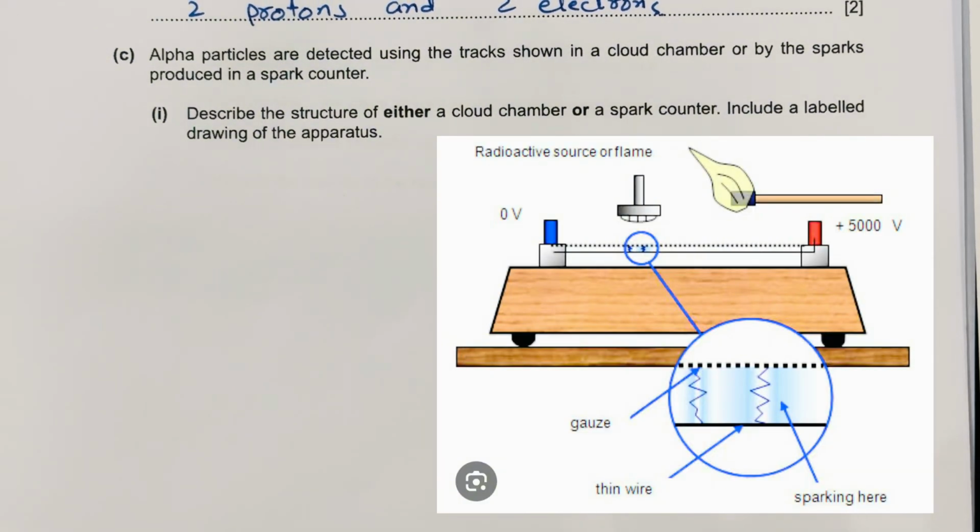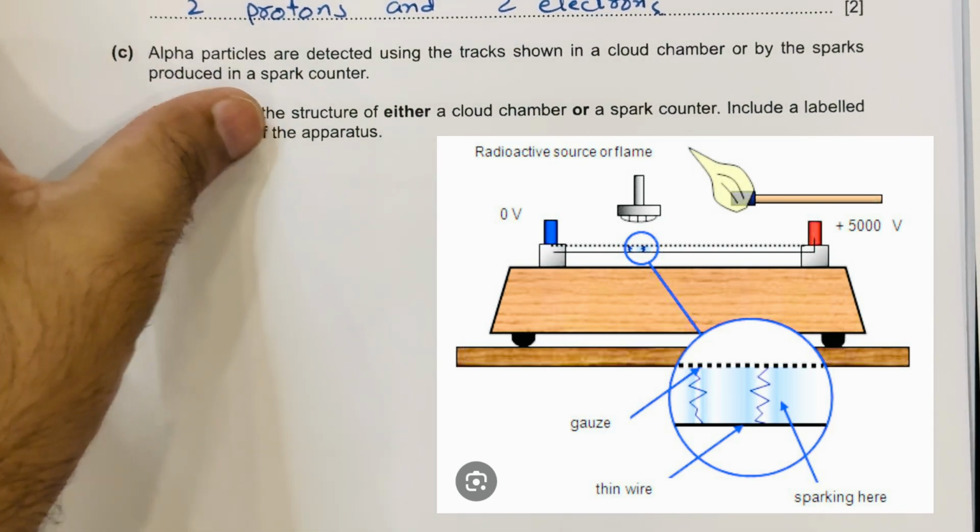Alpha particles are detected using the tracks shown in the cloud chamber or by the spark produced in a spark counter. Describe the structure of either a cloud chamber or a spark counter. Include a labelled drawing of this apparatus. You need to just lay out the diagram. I will put the exact diagram of the cloud chamber and spark counter over here. Now you can see it as well.